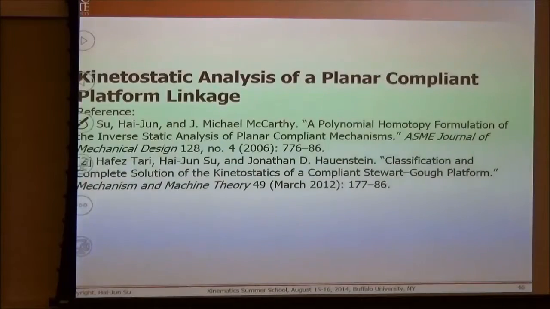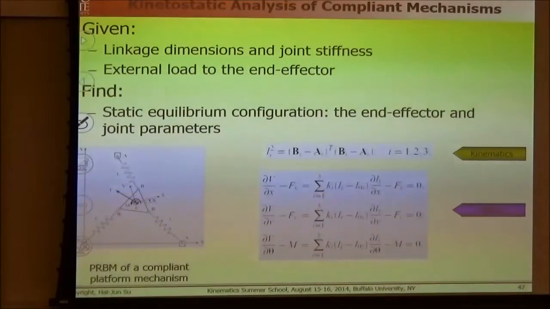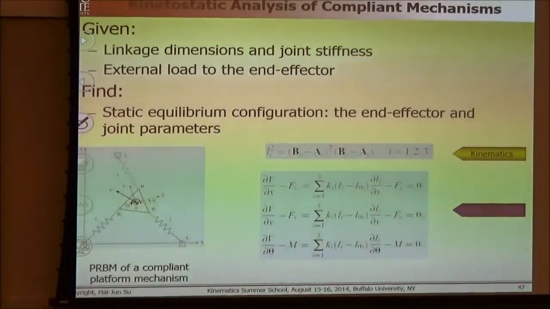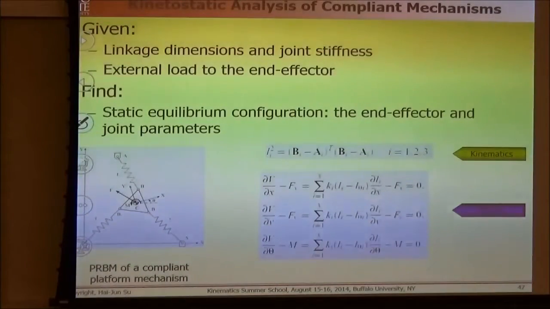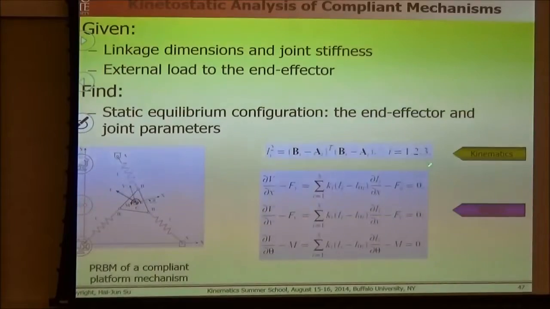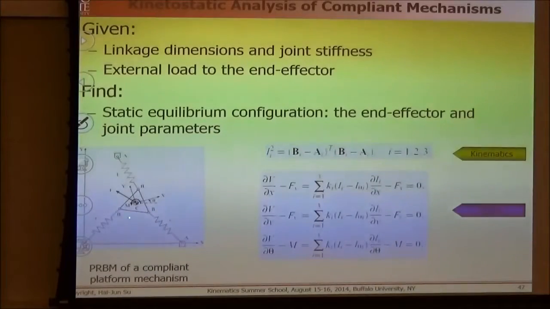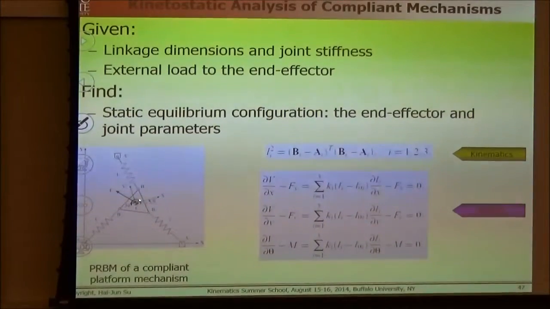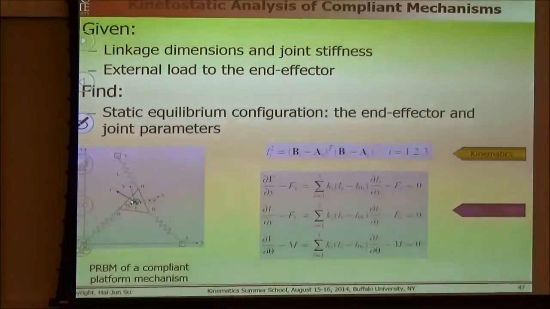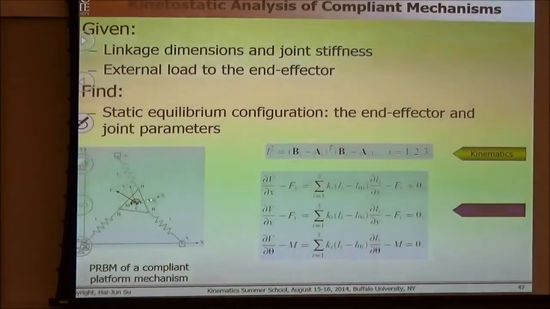Okay. Here I'm going to briefly show a few slides on my research on compliant mechanisms, the kineto-static analysis of compliant mechanism problems. Here you have the platform problem. I did mention this in the beginning.